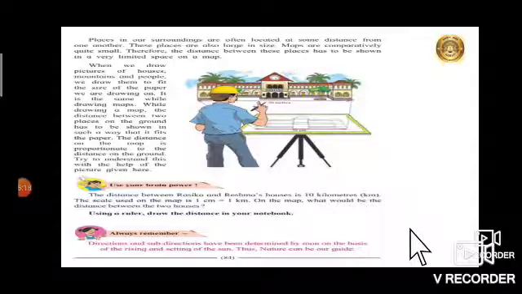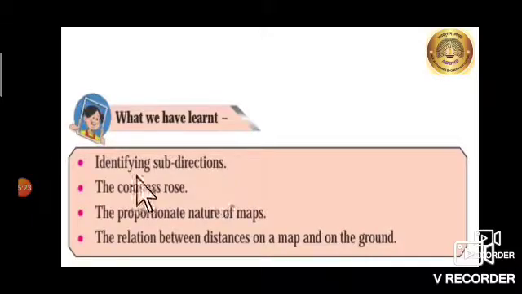Students, I hope that you have understood this lesson. Let's revise what we have learned in this lesson. You have learned to identify the directions and its subdirections. You understood what a compass rose is and its use. The proportionate nature of maps: the boundaries and the state boundaries are huge, but on the map they are reduced in size, and what marking is given.